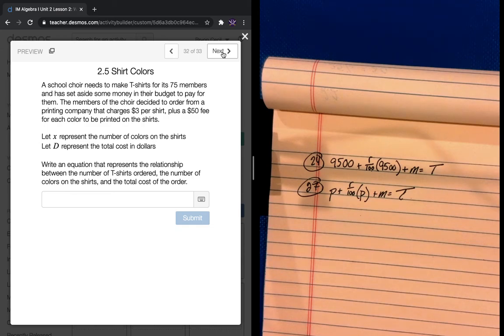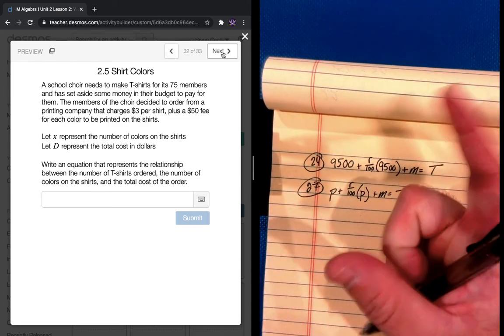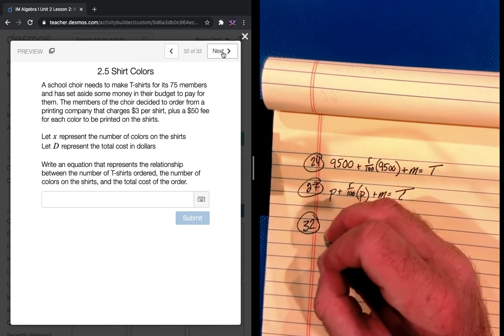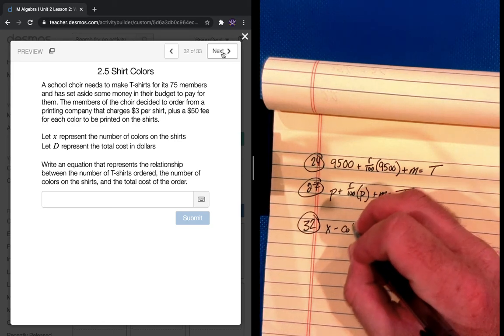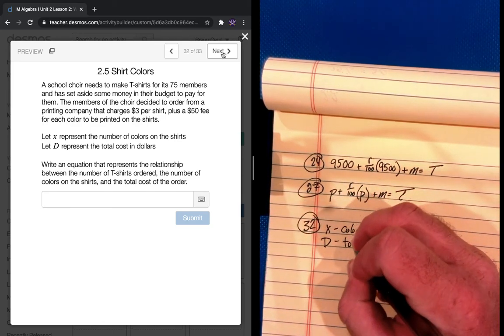Now we know this. Do we know how many shirts we're going to buy? We're going to buy 75. So we know here, this is number 32. We know that X is the colors. We know that D is the total cost.